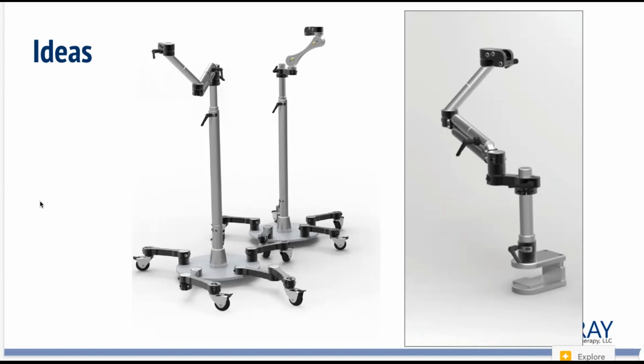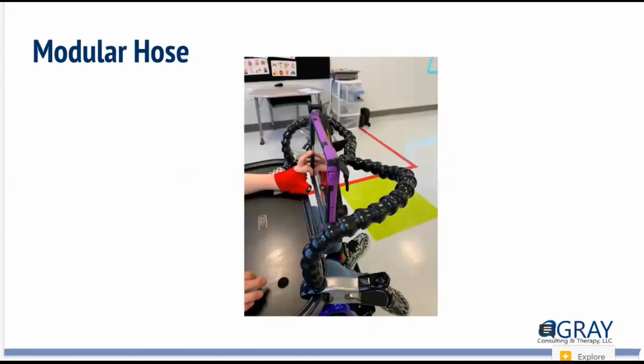And so I had very lovely success with it. Modular hose does mounting as well. It's relatively inexpensive. It's a great place to start if you're not sure what's going on, or if you're just trying to get a placeholder.